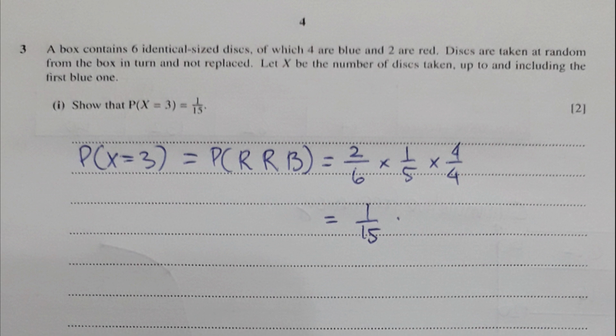And since the disc taken is not replaced, the probability that the second is red is 1 over 5. And the probability that the third is blue is 4 over 4. So the probability P(X = 3) is the same as 1 over 15.